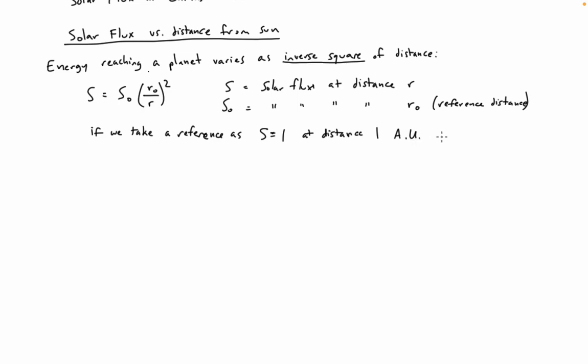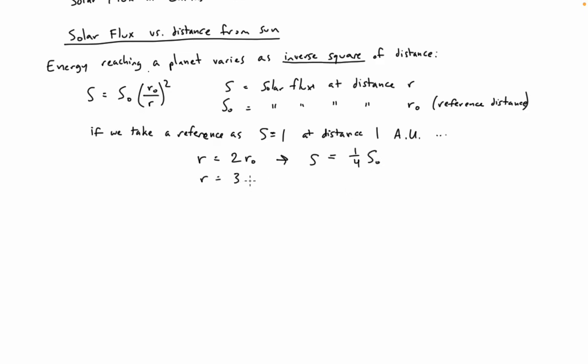So if we were to compare, let's use Earth as the reference, okay? If we were to go twice as far away from the Sun, so r is twice the reference distance, we get solar flux being 1/4 of what Earth gets.